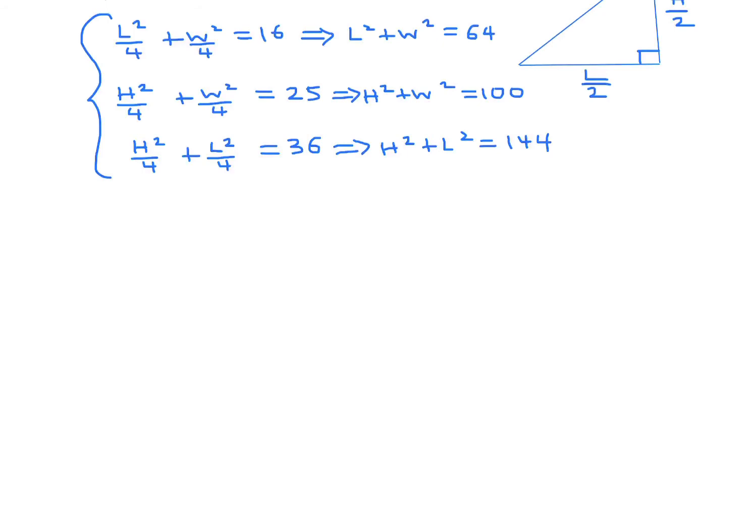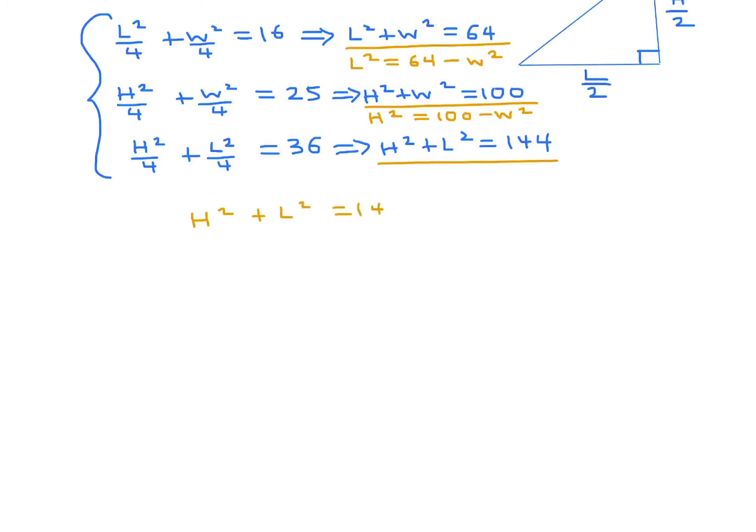So let's see what I can do. I will just use one of these and substitute the other 2 into it. So for example, from this equation, I can isolate for L squared, and I get 64 minus W squared. And then in this equation, I can isolate for H squared, and I'll get 100 minus W squared. And then I can substitute both of those into this one right here. So I've got H squared plus L squared is equal to 144.